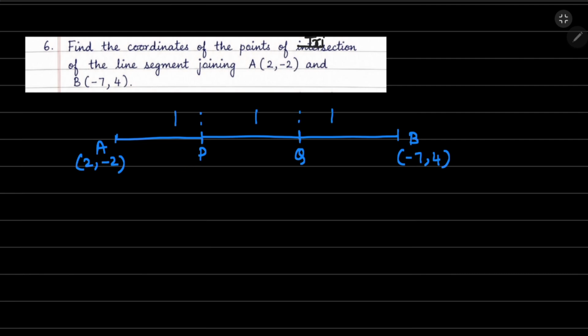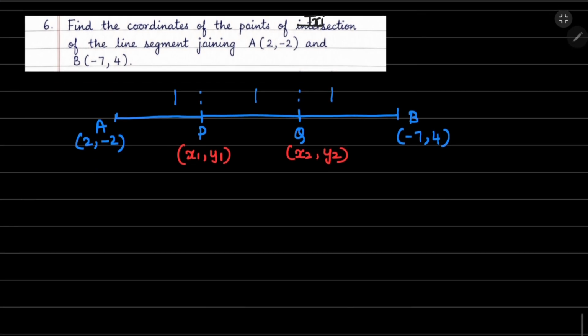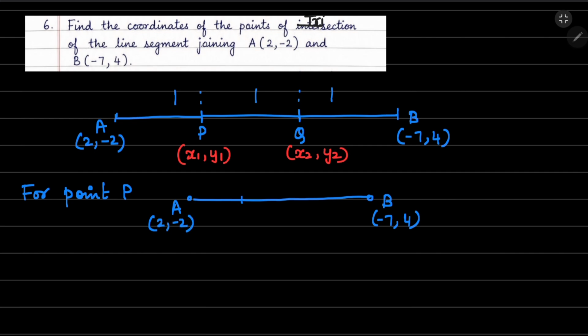Let your point P be x1, y1. Let your point Q be x2, y2. So let's first calculate for point P, that is dividing your A and B. In what ratio is it dividing? The point P is dividing it in the ratio 1 is to 2.